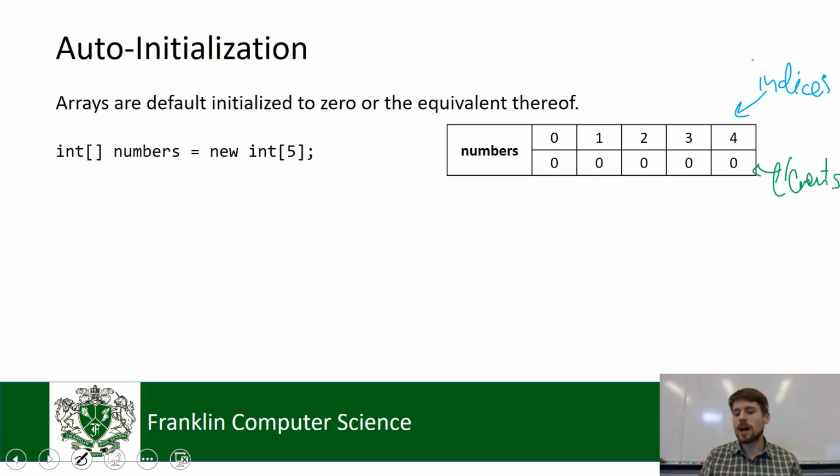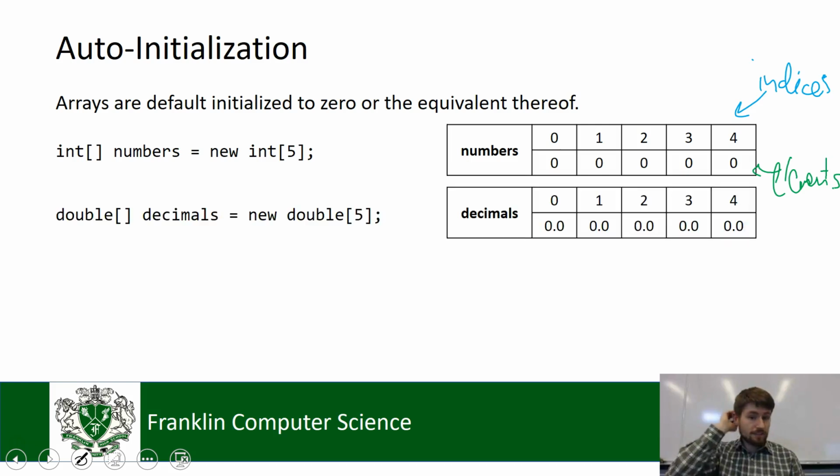But for now, this is what happens: you get space for 5 numbers, and they're all starting off at 0. If you did this with an array of doubles, well, what's it do for doubles? It's going to set them all to 0.0, which is the equivalent of 0 for doubles. It makes sense, right? If it's going to be a 0 for double, it's 0.0.